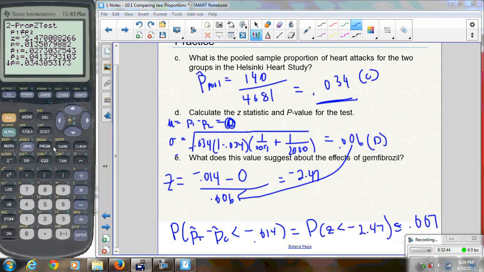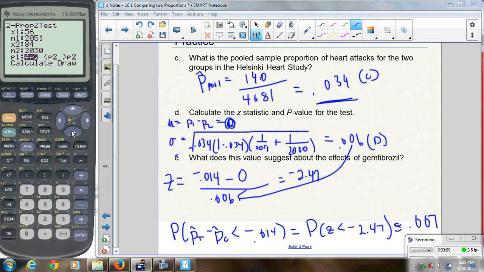Let me double check. So if I hit second distribution, do normal CDF, and I go from negative 99999 to negative 2.47, yeah, I get the same thing. So I'm not sure why there's a difference there, but... Oh, I know what I did wrong.